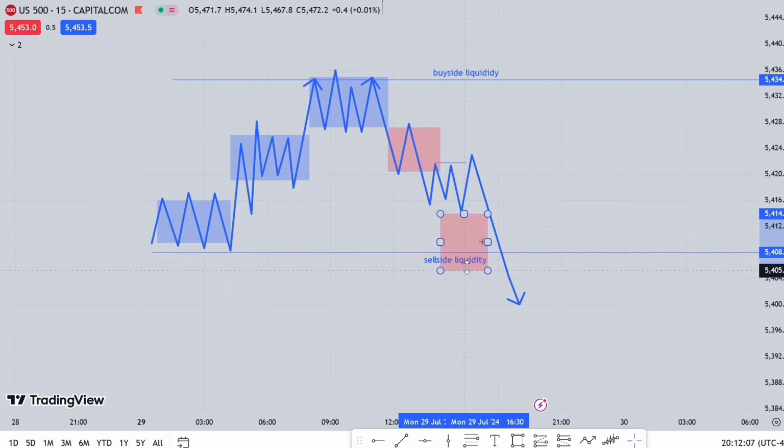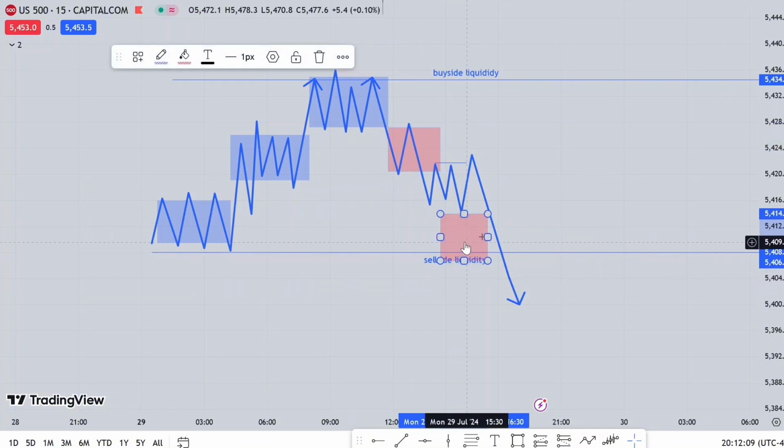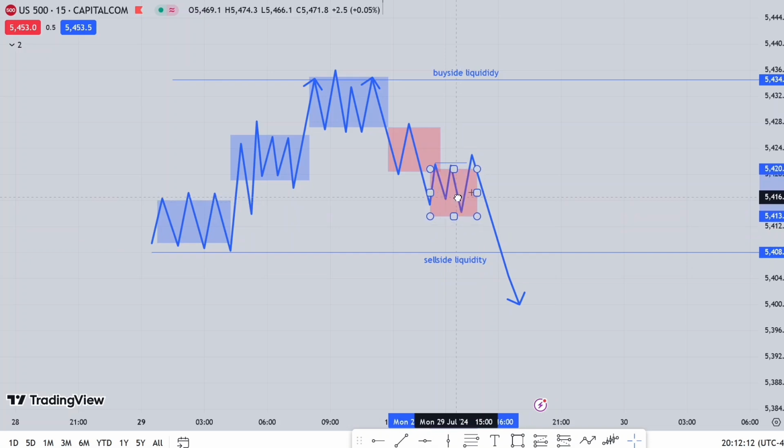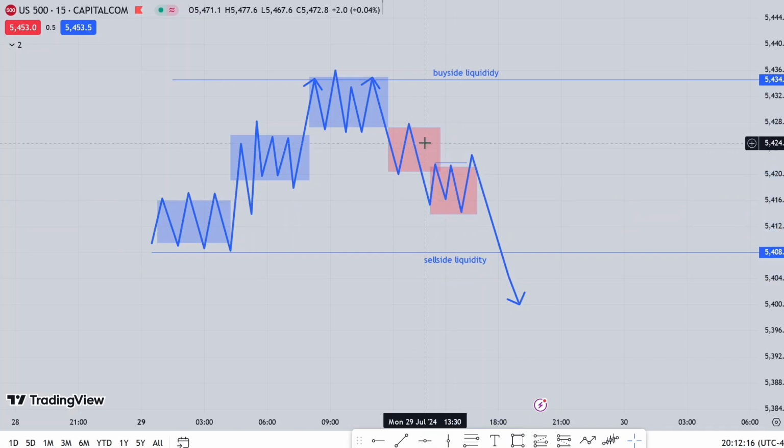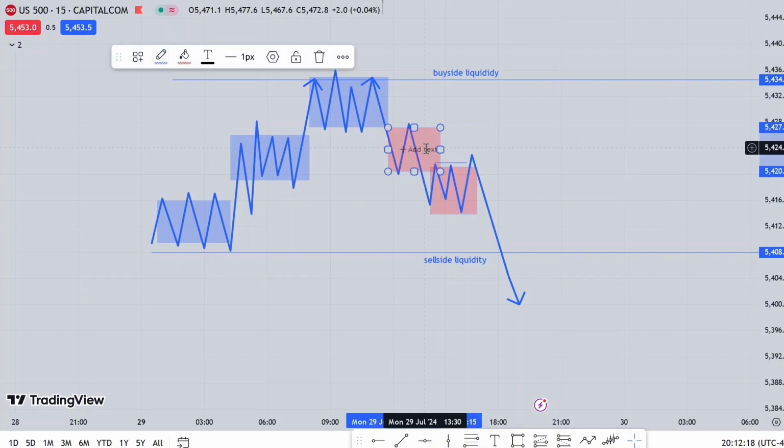That second phase of distribution is synonymous with the short-term swing points after an intermediate term high or an intermediate term low has been established.